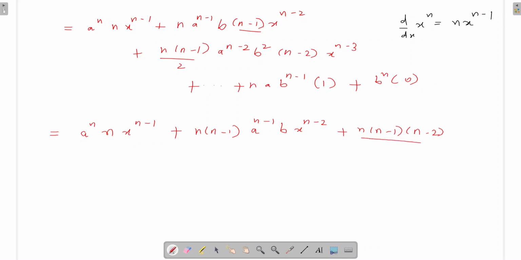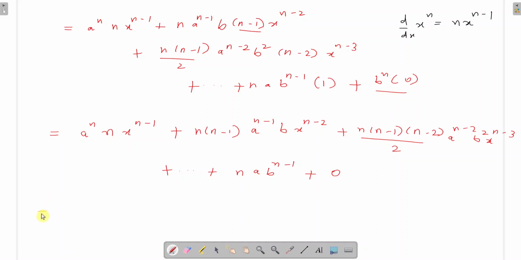So n minus 2 divided by 2 is there here, then a raised to n minus 2 b squared x raised to n minus 3, plus n a times b raised to n minus 1, plus b raised to n times 0 is 0.